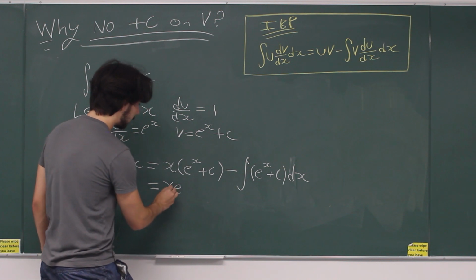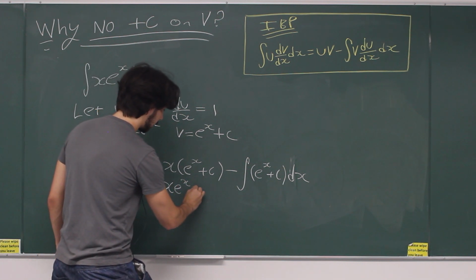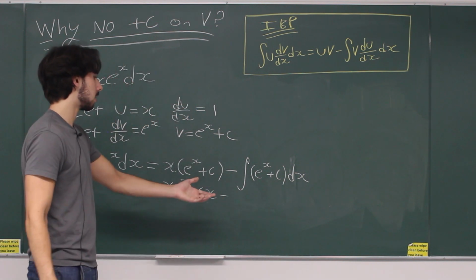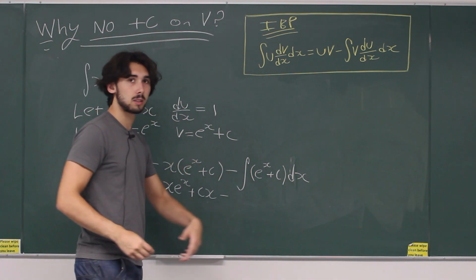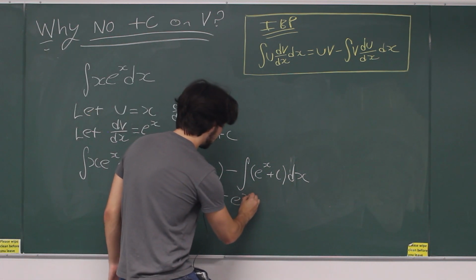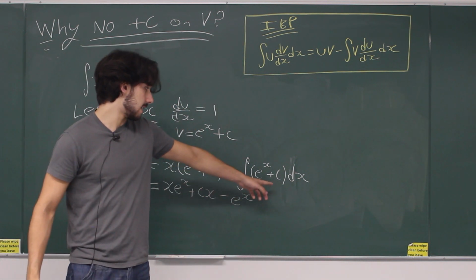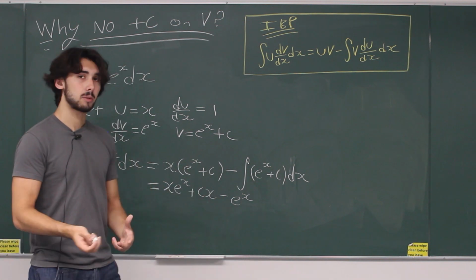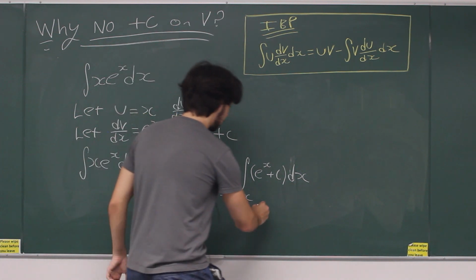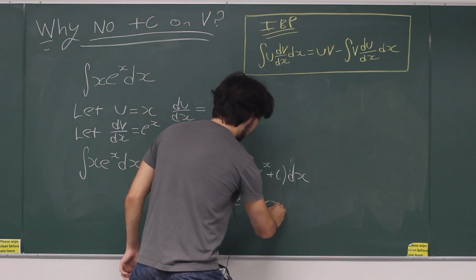Expanding this out, we have x e to the x plus cx minus, and what's this integral going to be, guys? Well, e to the x integrates to just e to the x. So we're going to have a minus e to the x here. And c is a constant, so it's going to integrate to cx. And remember, we're taking this all away, so it's going to be a negative there, so minus cx.